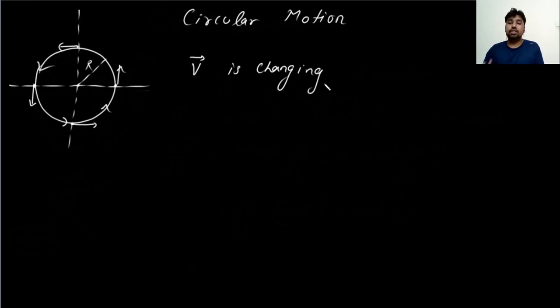When the velocity vector is changing, this implies that the acceleration vector is non-zero. If the velocity vector won't change, we won't have a question of having an acceleration vector. But because the acceleration vector is present because of velocity changing, that means there is a net non-zero force acting on the body which is having circular motion.